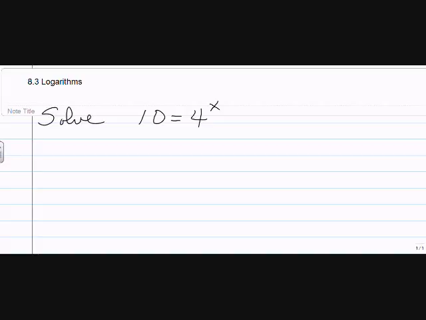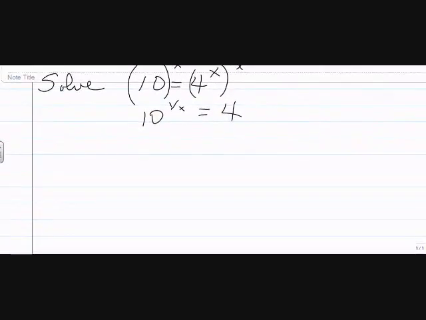Have to use a logarithm, you're right. Now, you could take both sides of this equation to the 1 over x power, and you get 10 to the 1 over x equals 4, and I don't have a way of isolating that x. So then logarithms get invented to kind of take care of this. So we're not going to solve this problem right now. We'll come back and solve this one like it in a few days.